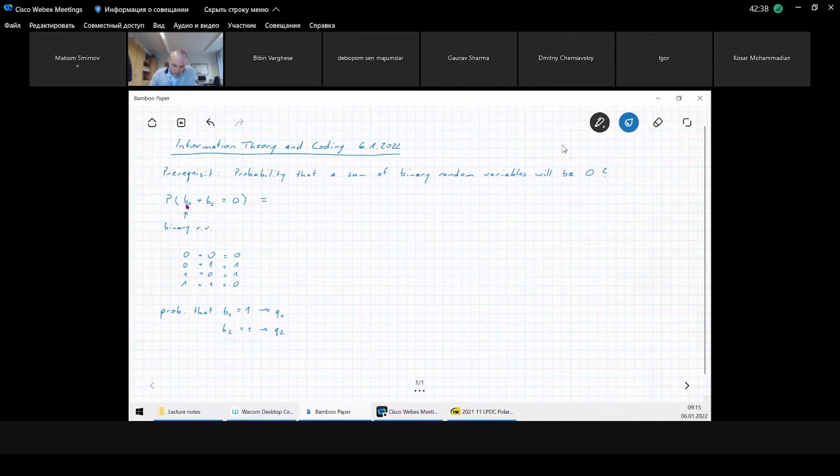So let's see when this turns out to be 0. In the last case, if B1 is 1 and B2 is 1, this will happen with probability Q1 times Q2. So this refers to the case 1 plus 1.